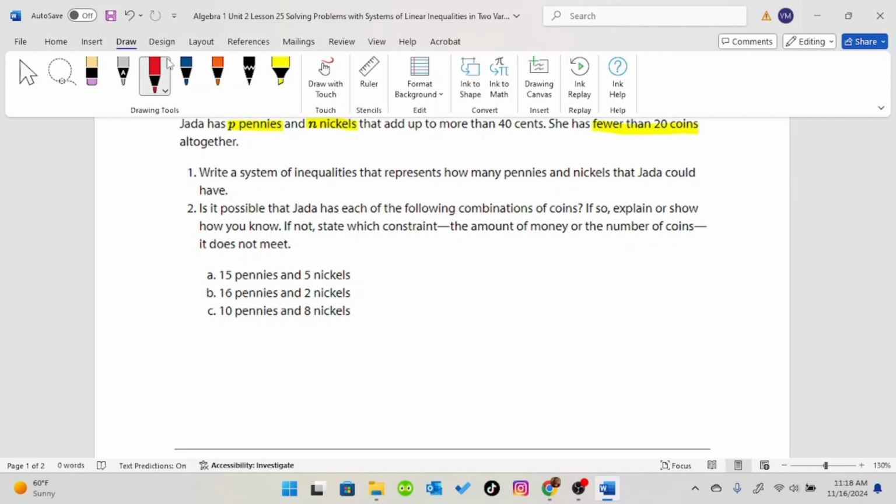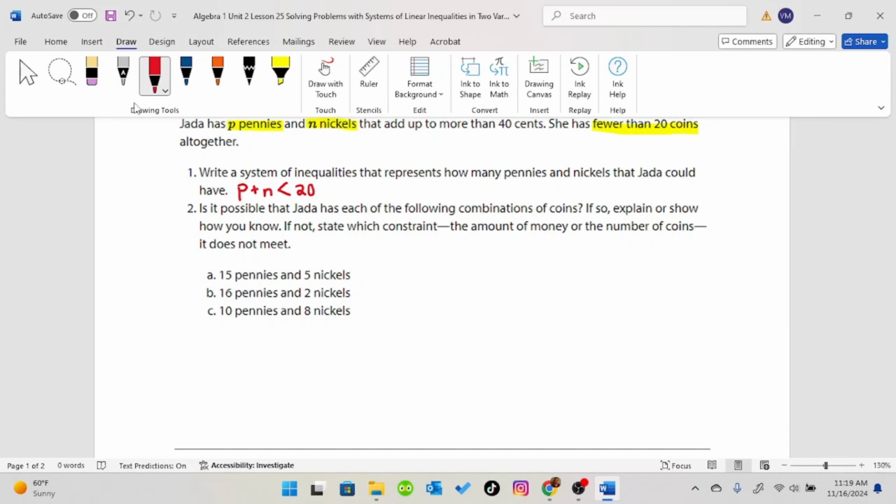So this inequality could be written as P, the number of pennies, plus N, the number of nickels, must be less than 20. It cannot equal 20 coins because it must be fewer, and it cannot be greater than 20 coins because it must be fewer.